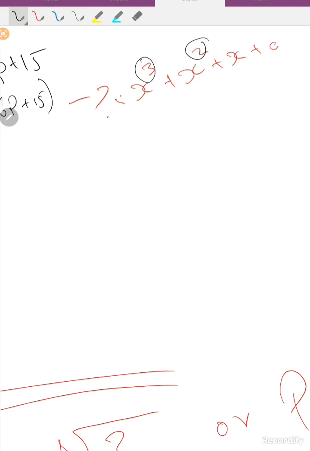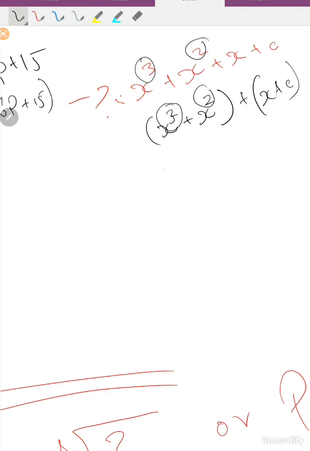Therefore, you have to group these two together whenever you are grouping. Then group this one again. Understand? Why am I saying that? Because we know this value, x squared, can go into x cubed. As for the constant, I cannot, you can just put it as it is.